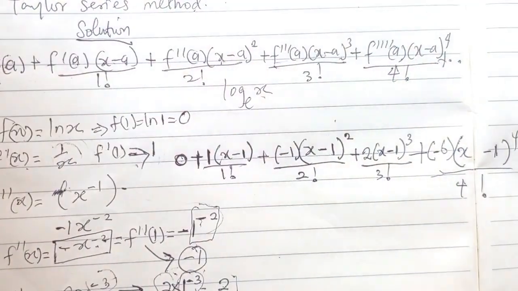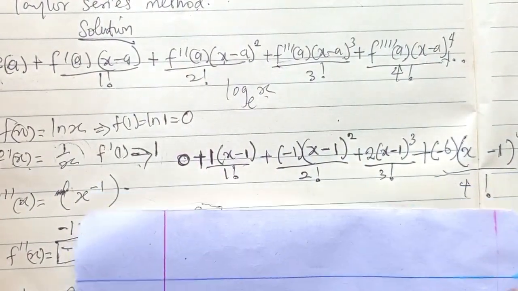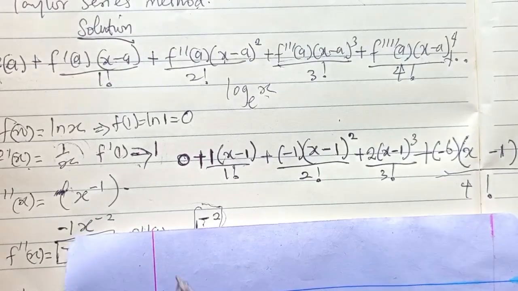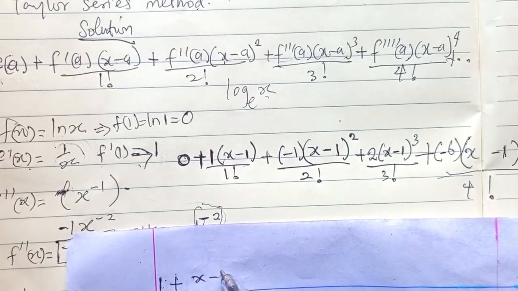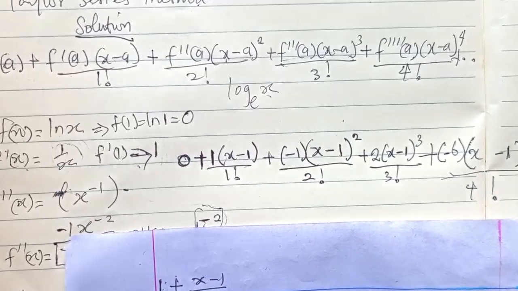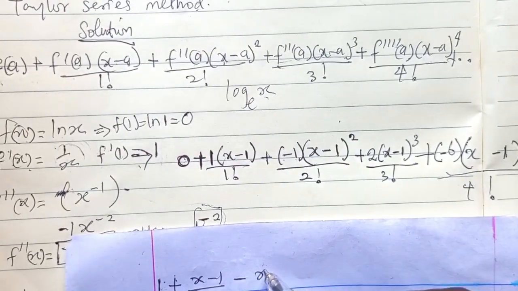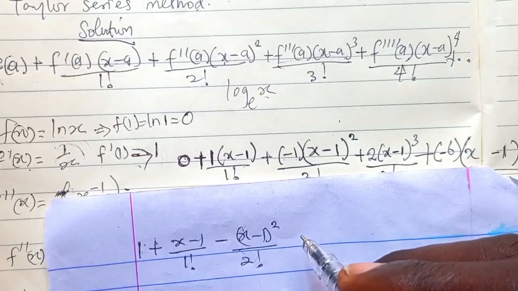Now, just to make it look neat, I'll rewrite it on another paper. The answer is 0, and 0 plus anything is that same thing, so you can ignore this first one. That will be 1 plus (x minus 1). Plus times minus is minus, so that will be minus (x minus 1) squared over 2 factorial.